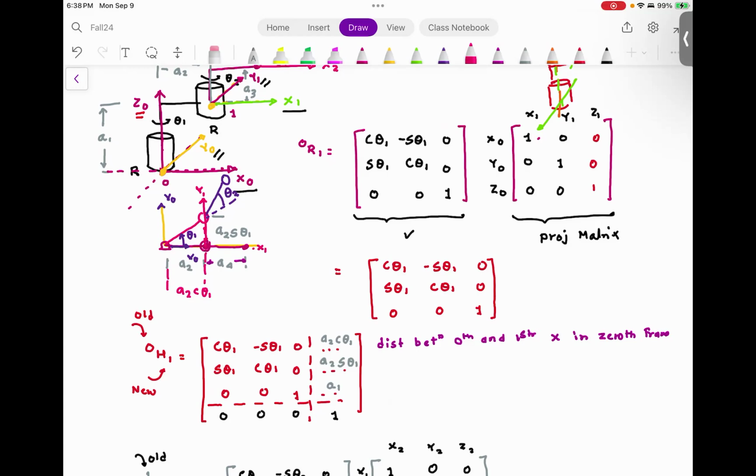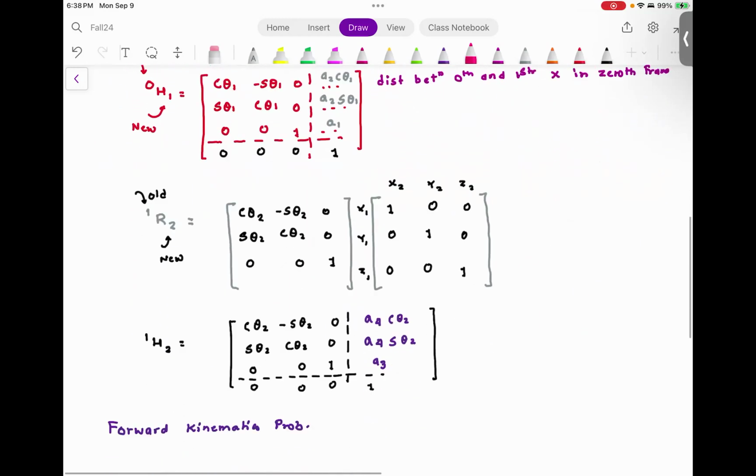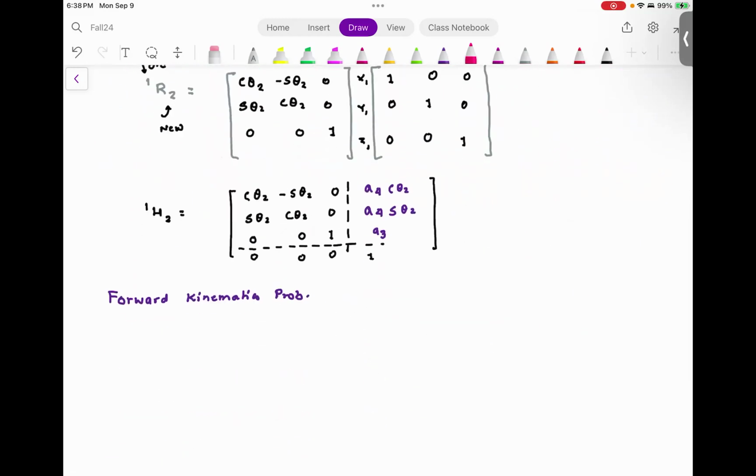Actually, I want to draw a nicer and bigger picture. Just bear with me, and I will draw. But let me define this problem, because trust me, in the next 10 minutes, you will have a moment of enlightenment. You said distance between two frames in the zeroth frame. In the previous frame, it could be zero, it could be first, depending upon where you are.